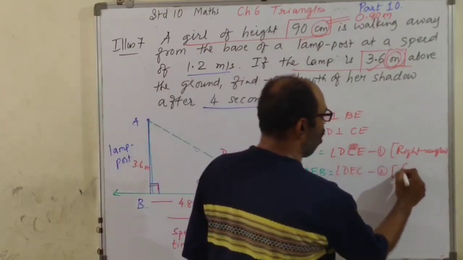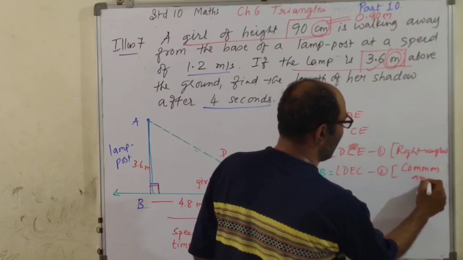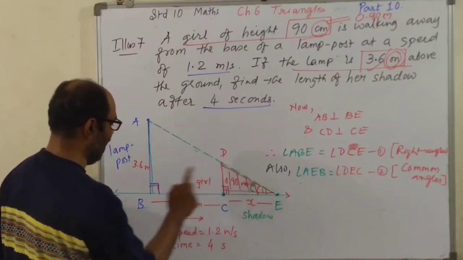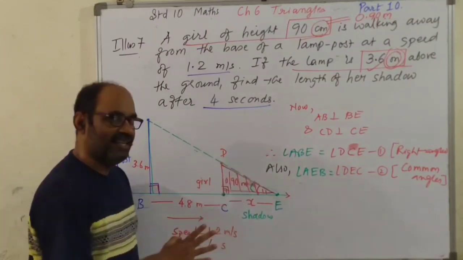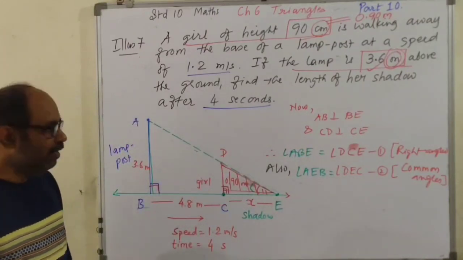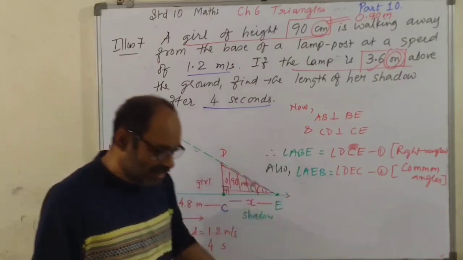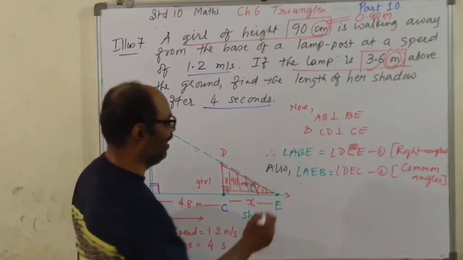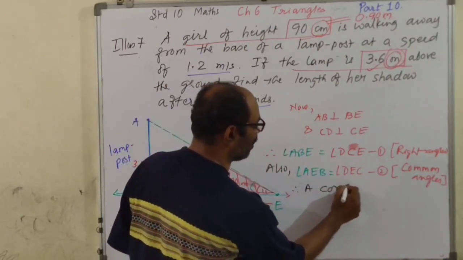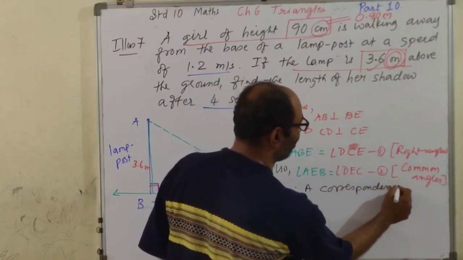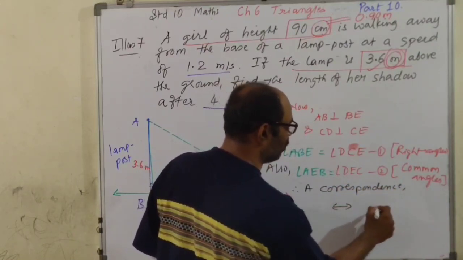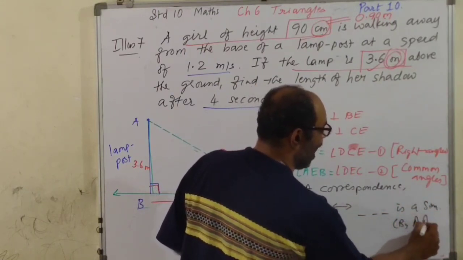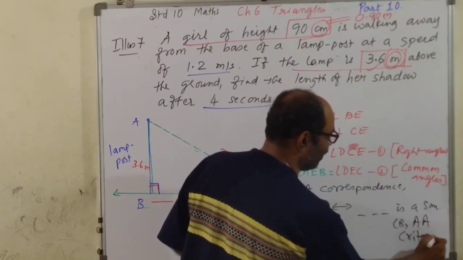And if you don't want to write that, you may write A dash D dash E and B dash E dash C. That is the reason why they are common. Alright, fine. Two angles are equal. So correspondence is similarity. Therefore, a correspondence dash corresponds to dash dash dash is a similarity by AA criterion.